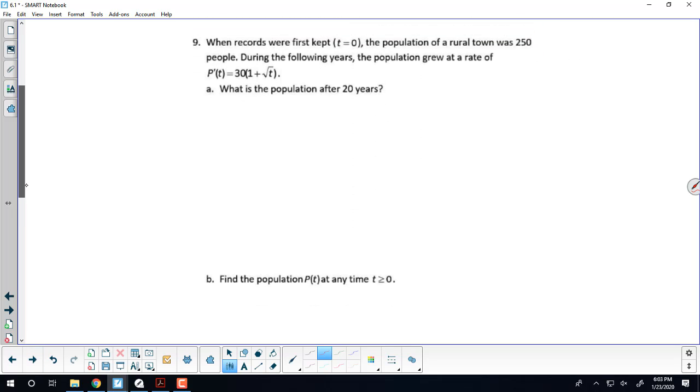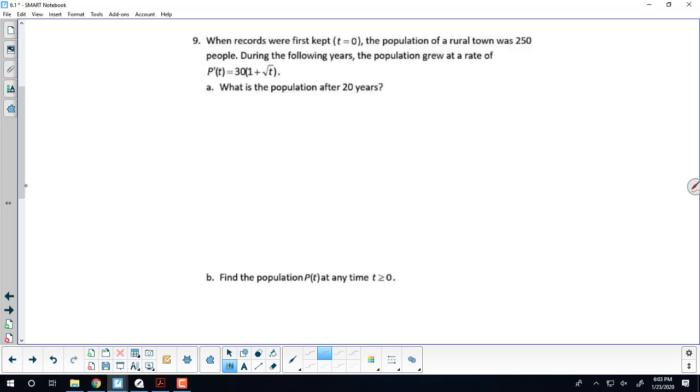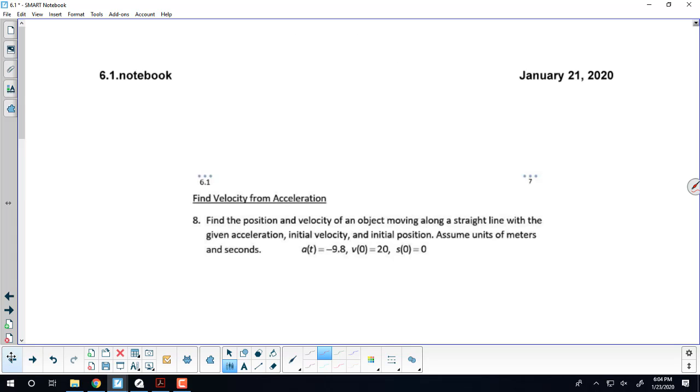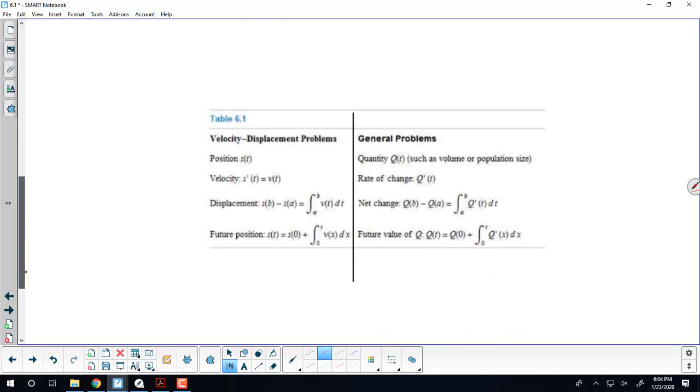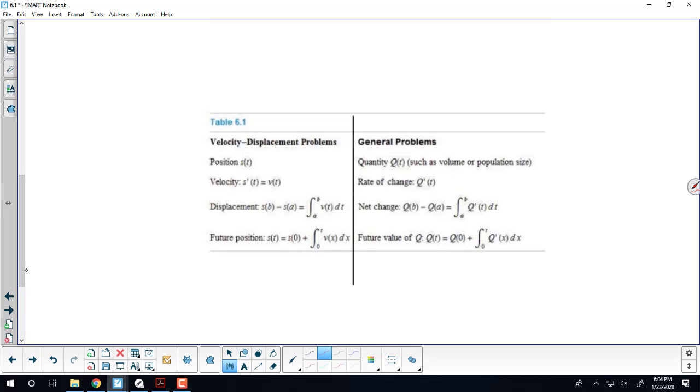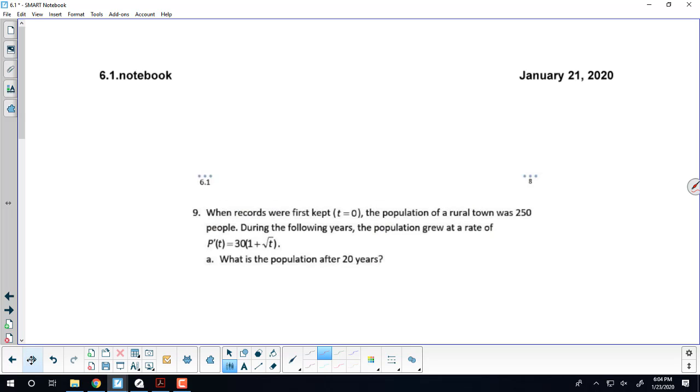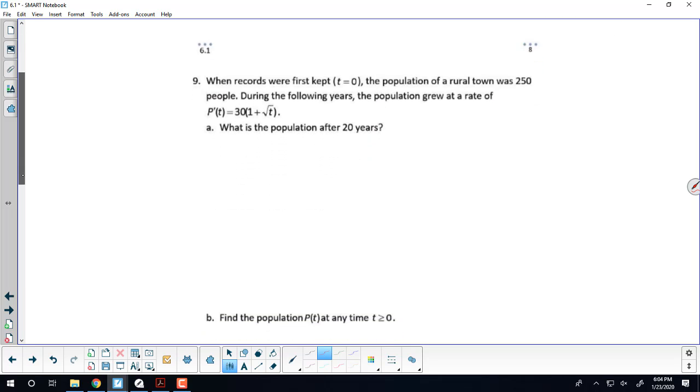And so this last example is going to illustrate more of a general change. Here at the bottom of the page with example 8 on it, we did briefly look at this table and said, here's position, velocity, acceleration type stuff, but more generally we can think of it as net change, future value, rate of change, etc. Those can all be applied to broader topics like population, for instance.